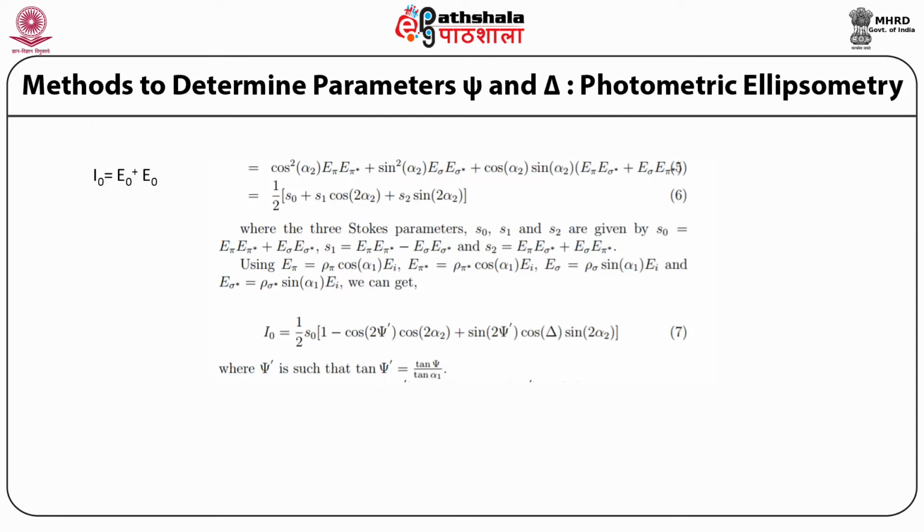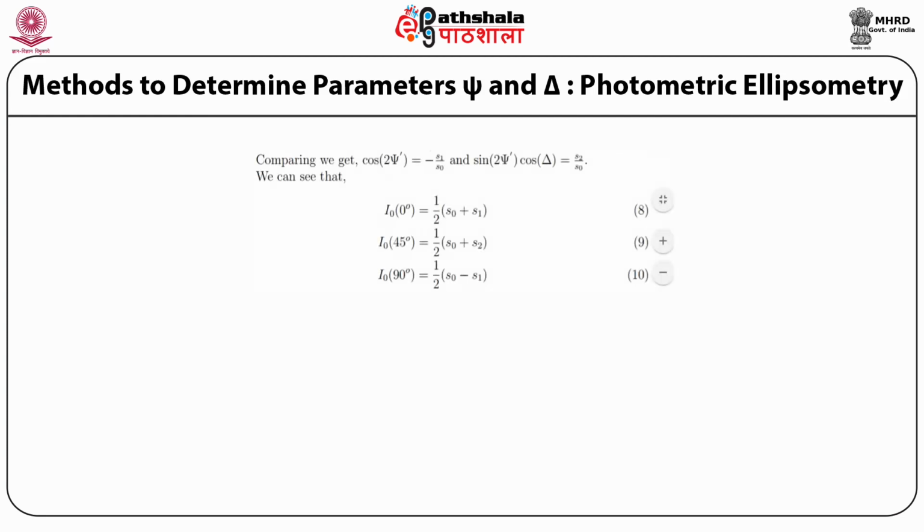Using E pi to be equal to rho pi into cos of alpha 1 into EI, and E pi star is equal to rho pi star into cos of alpha 1 into EI, E sigma is equal to rho sigma into sin of alpha 1 into EI, and E sigma star is equal to rho sigma star into sin of alpha 1 into EI, we can get I naught to be equal to 1 by 2 into S naught into (1 minus cos 2 psi prime into cos 2 alpha 2 plus sin 2 psi prime into cos delta into sin 2 alpha 2), where psi prime is such that tan of psi prime equals tan of psi divided by tan of alpha 1.